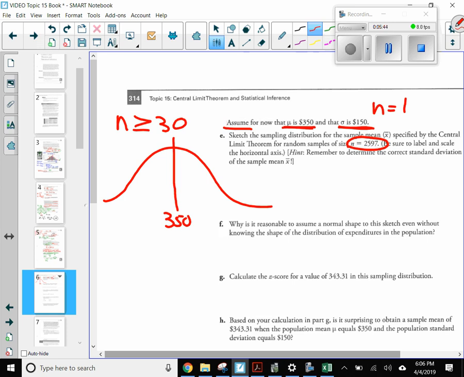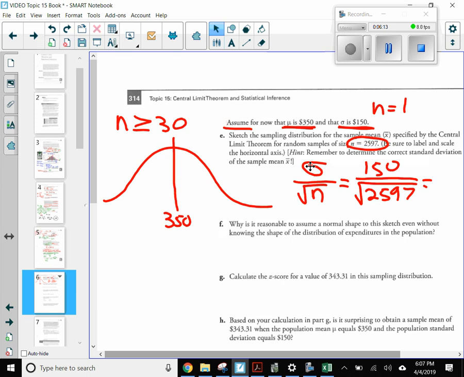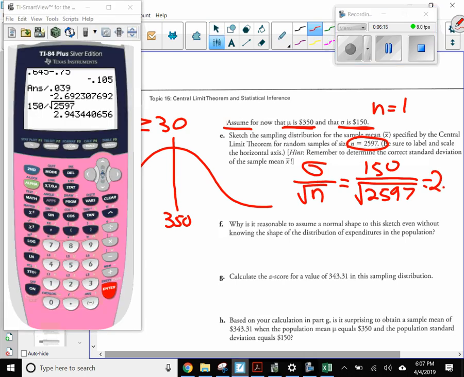And we have to calculate our standard deviation. Since it's a quantitative variable, the standard deviation is sigma, the standard deviation of the population, divided by the square root of n. So that is going to be 150 divided by the square root of 2597, which is equal to 2.94. Get the calculation over there on the calculator.